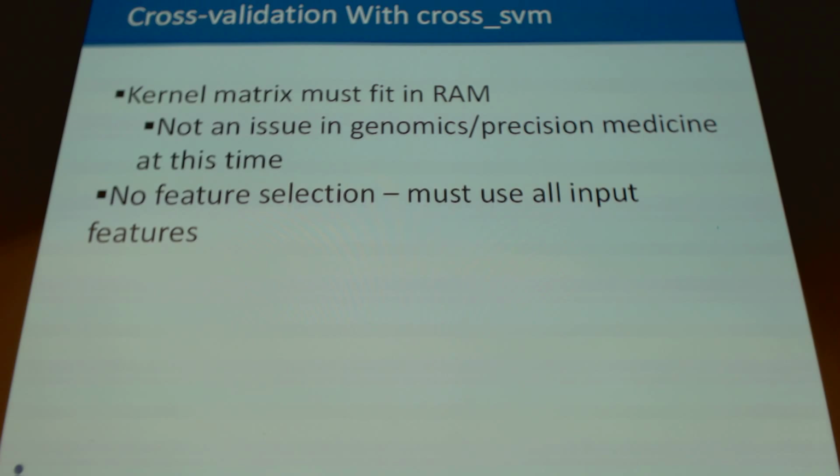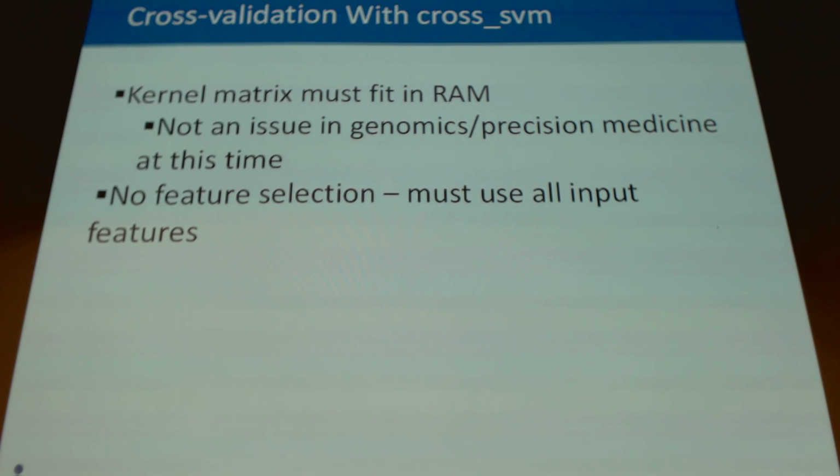And the second limitation is that, at least the cross-validation part, doesn't work with feature selection. That's because each subset of features produces a different kernel matrix, and the key innovation here is reusing the kernel matrix.